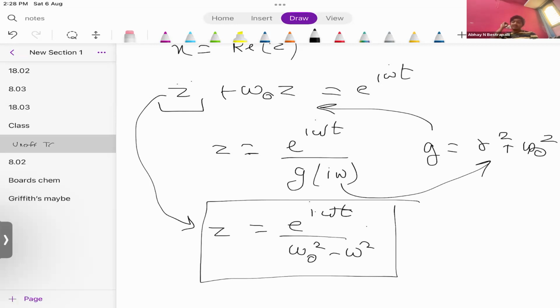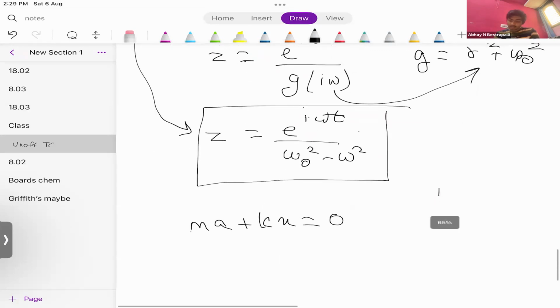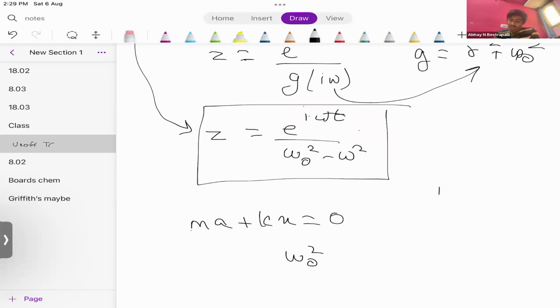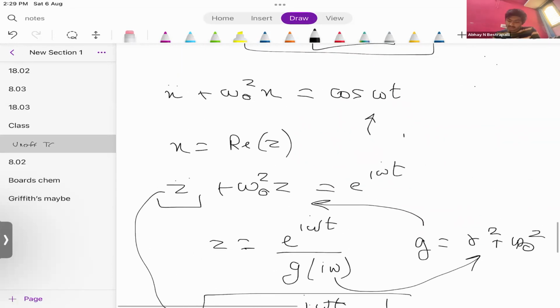Now I want you to notice something very interesting about the solution. Omega naught is a constant that depends on the pendulum itself. If we were deriving this in physics, we basically get this from ma plus kx equals 0. So in this case, omega naught squared is just written for convenience.